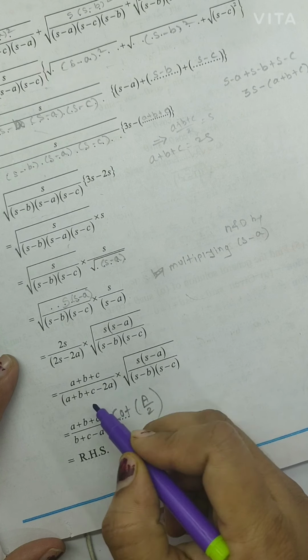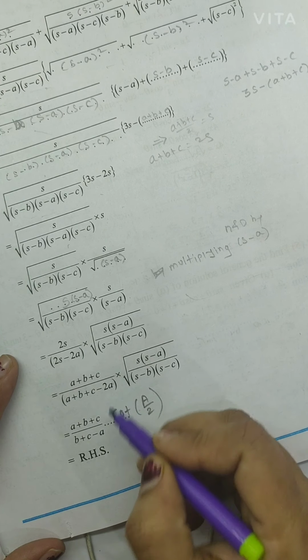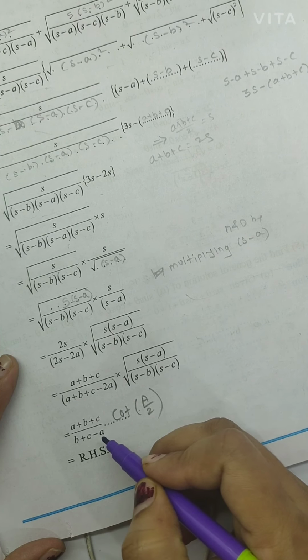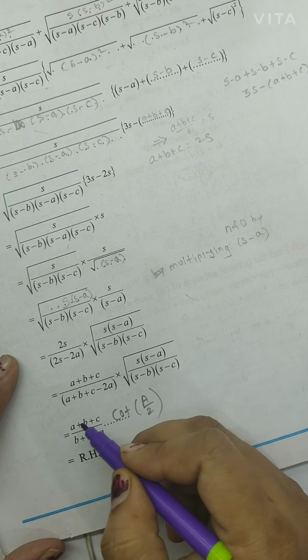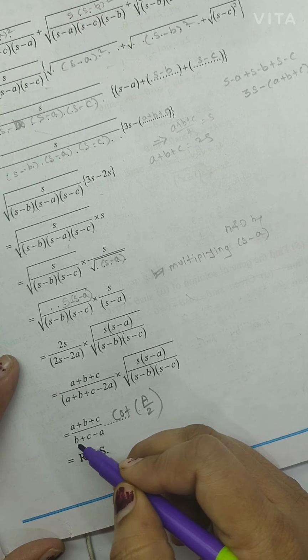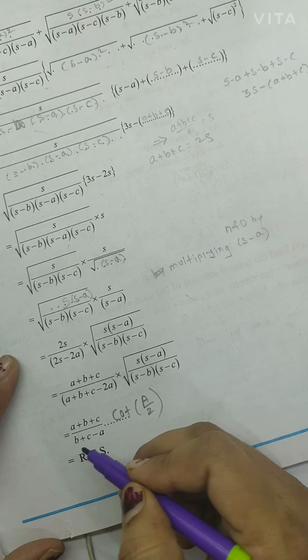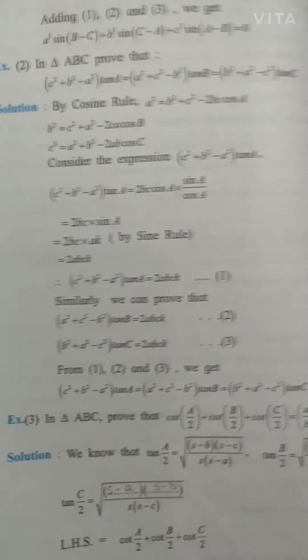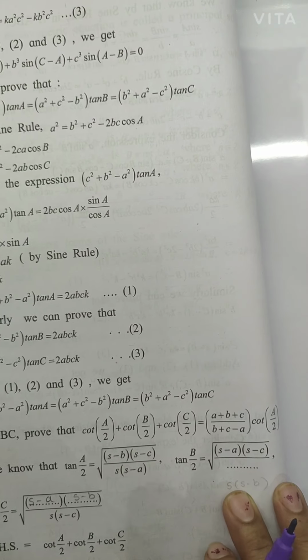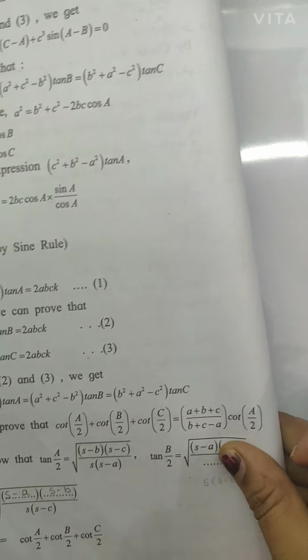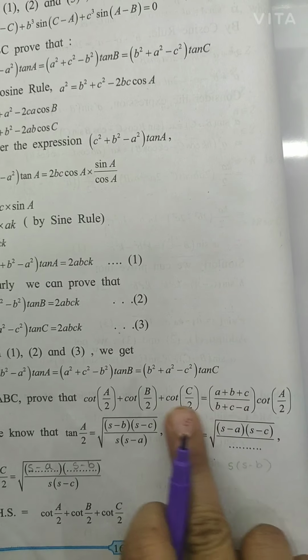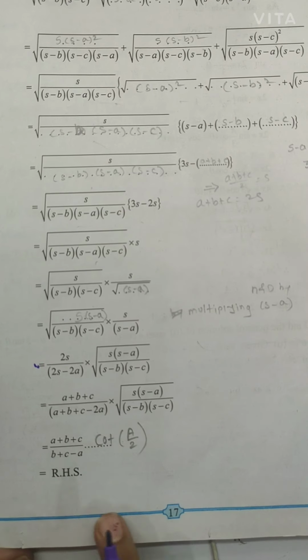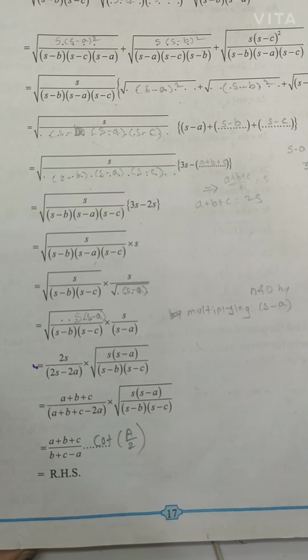Now after subtraction, here is a and here is minus a, so a would be minus, and a plus b plus c, b over by b plus c minus a. What is this? This is cot a upon 2. So see here, this is our right hand side. So this problem is completed.